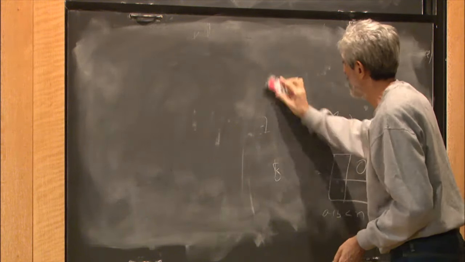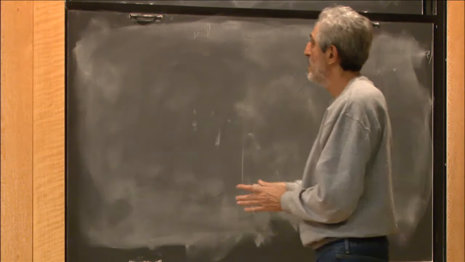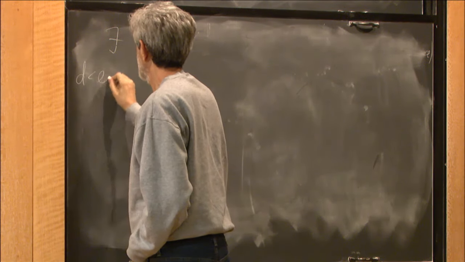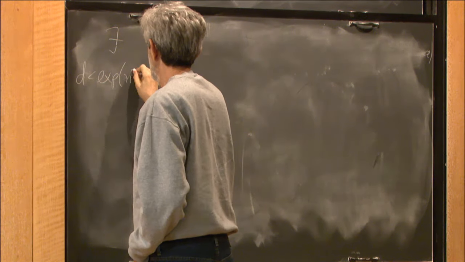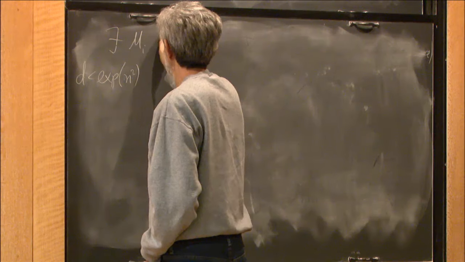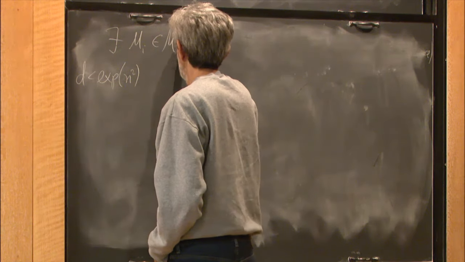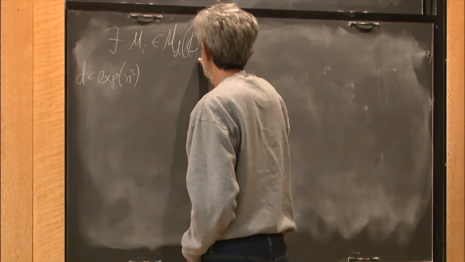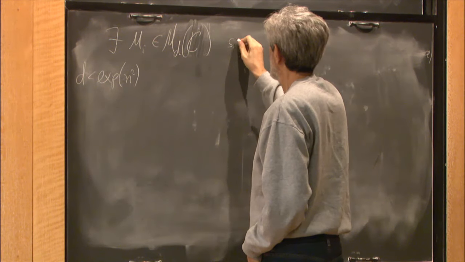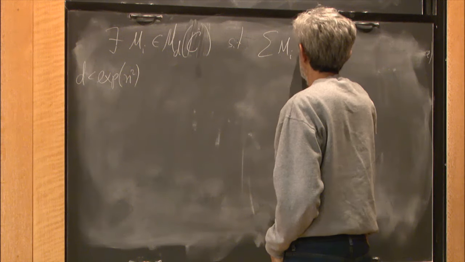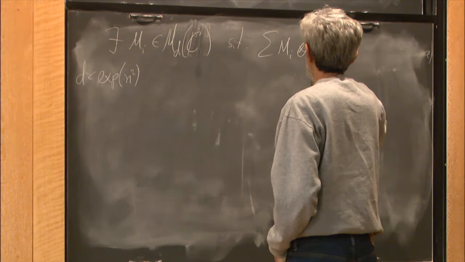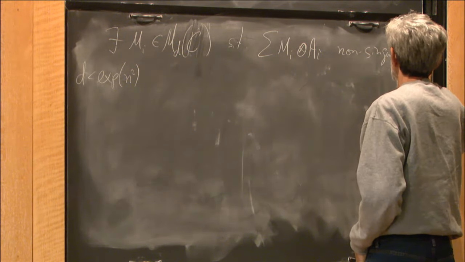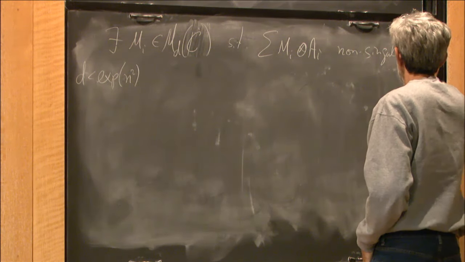We know that even though the space is singular, we know that there exists, for this D, which is at most exponential in n squared, matrices Mi in M_D such that the sum of Mi tensor Ai is non-singular in C. Right?